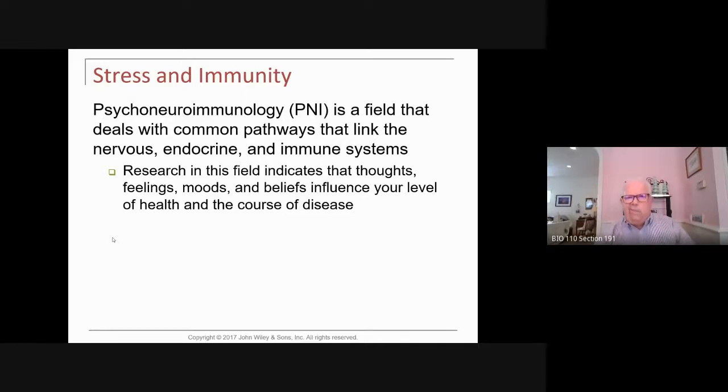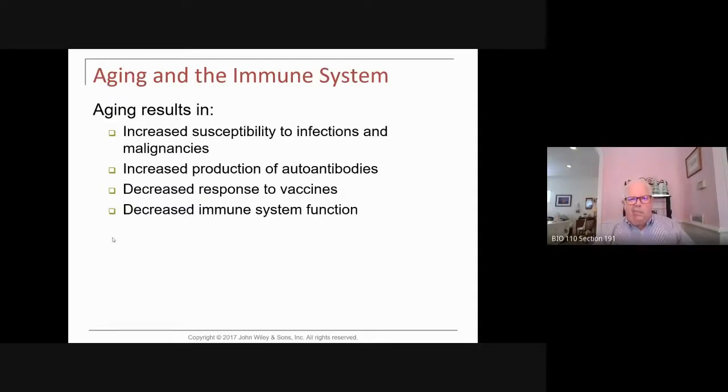Many things affect your immune system, and one of them is stress. Stress can affect your immune system, and you can get ulcers, all kinds of things due to stress. Aging. When you're born, your thymus is the largest it ever will be. As you get older, your thymus will shrink.